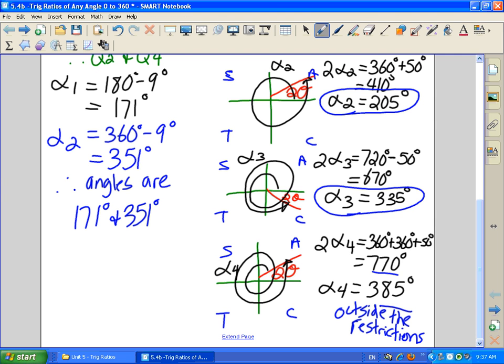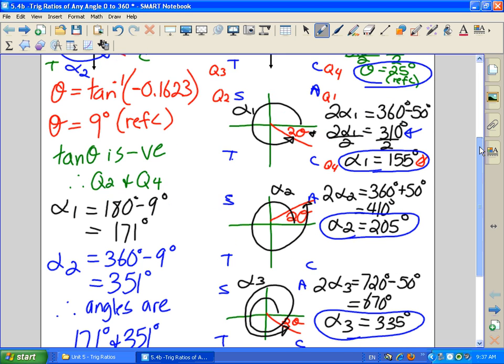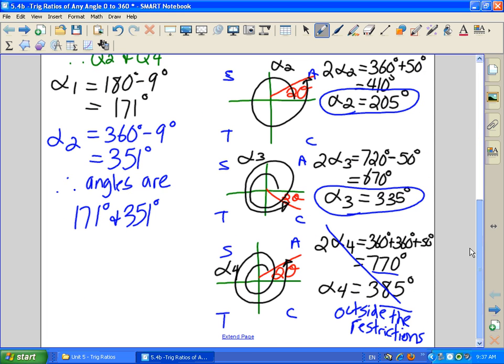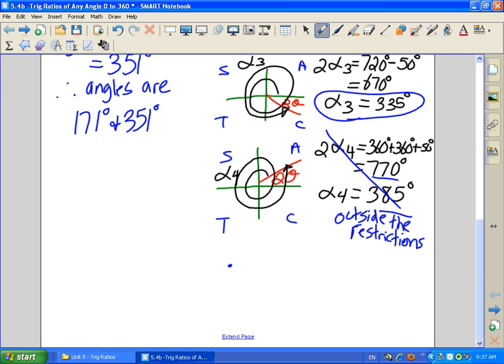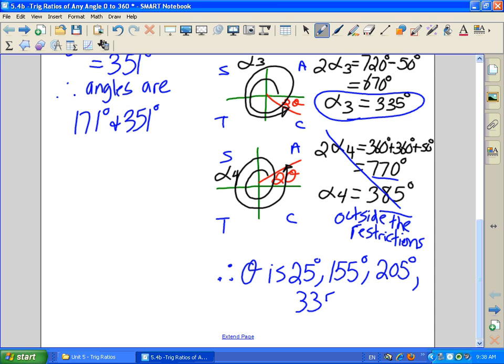Therefore you do not include, so we cancel that one out. So we do end up with 4 angles here, folks, for this answer. So therefore, the angles are 25 degrees, 155 degrees, 205 degrees, and 335 degrees.